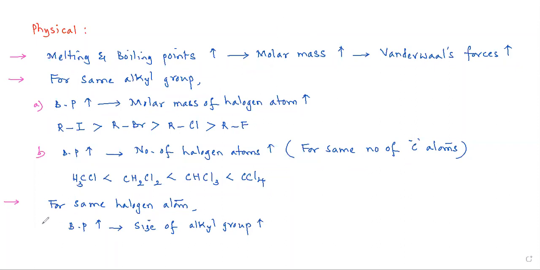Okay. Let me give you this example. Methyl chloride, then say ethyl chloride, then propyl chloride. As the size of the alkyl group increases, the boiling point increases. Okay.